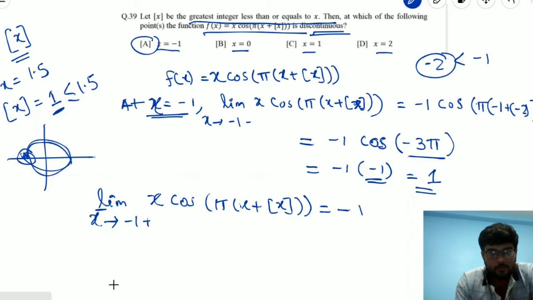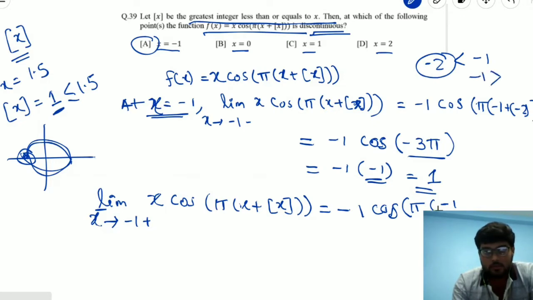This is minus 1 cos of pi into minus 1 plus box x. Since it is from the right of minus 1, the value is greater than minus 1, so the box value will be nothing but minus 1.